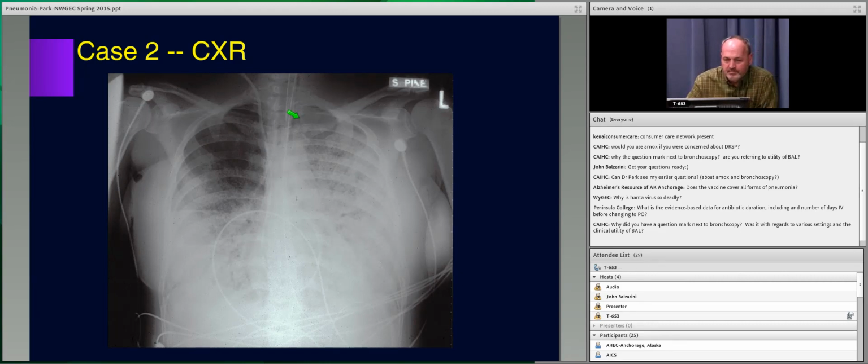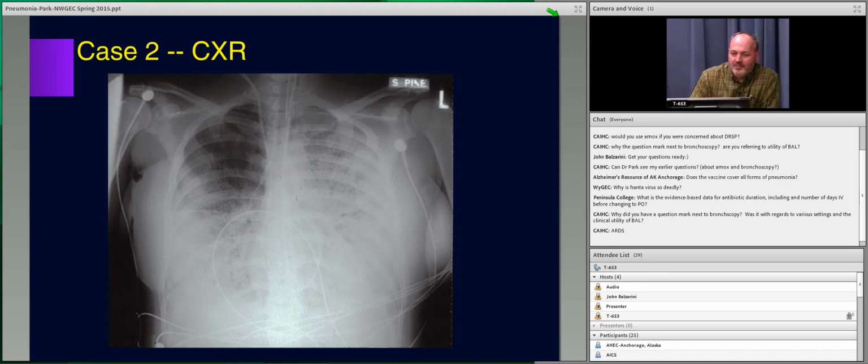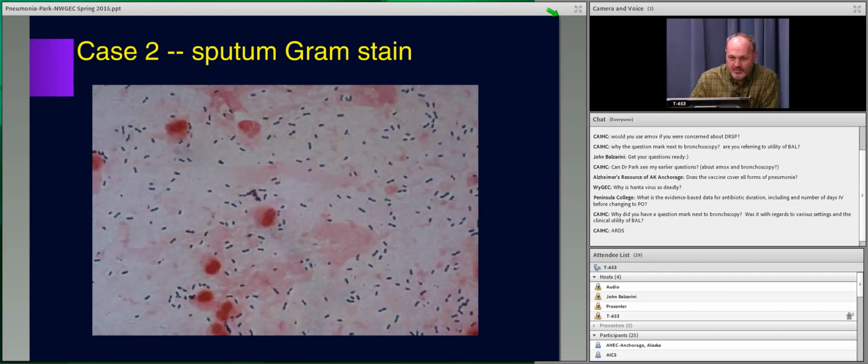Here's her film. This is a really sick lady. She's intubated. She has a PA catheter. And how would you describe her x-ray? It's almost a white out. There's a little sparing in her right upper lung. And that green arrow, how did that get there?